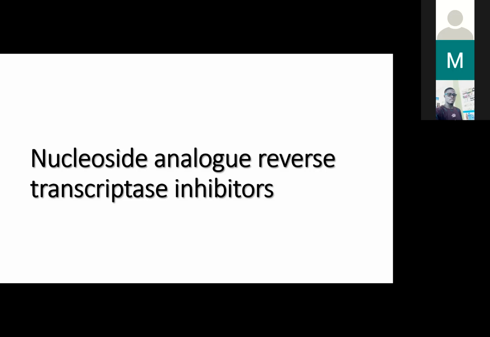Now, when it replicates and produces proteins, the protease enzyme cleaves or cuts up the protein that has been produced into sizable portions for making of the viral envelope and other protein components of the virus.